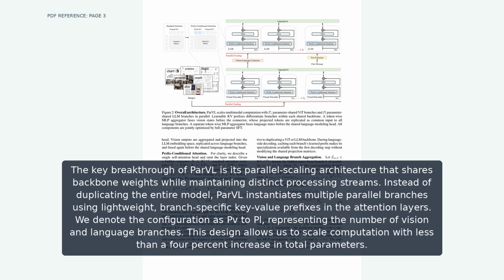Instead of duplicating the entire model, ParVL instantiates multiple parallel branches using lightweight, branch-specific key-value prefixes in the attention layers. We denote the configuration as PV to PL, representing the number of vision and language branches. This design allows us to scale computation with less than a 4% increase in total parameters.